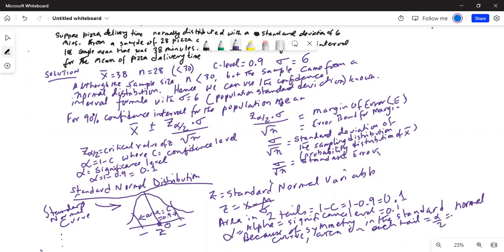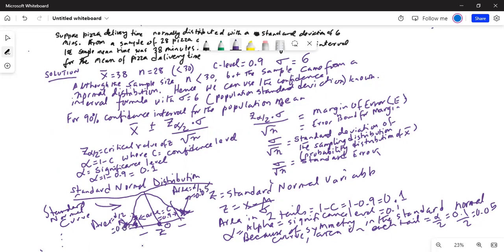In my case, 0.1 divided by 2 is 0.05. So this left tail and this right tail, its area is equal to alpha by 2. And in this case, it's 0.05. Here also area is 0.05.